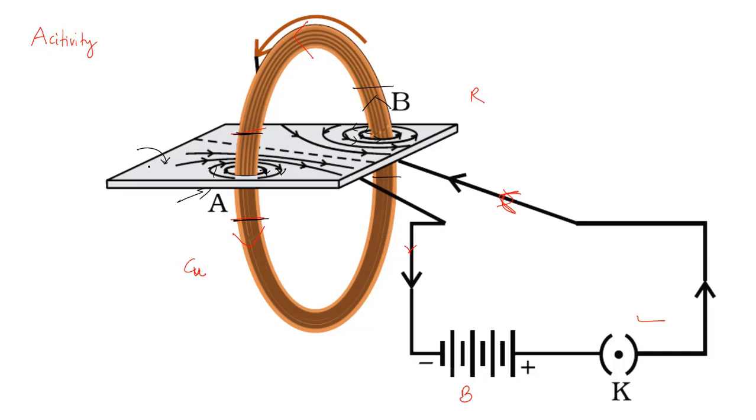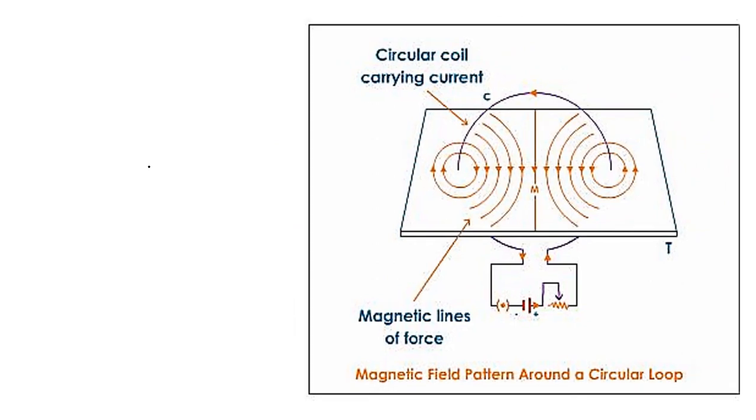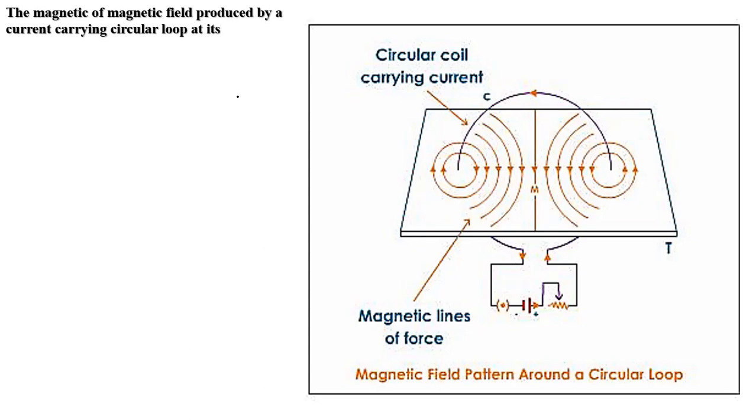Now we are going to discuss the strength of the magnetic field. How does it vary with distance, with current, with number of turns? So here we start. There are some factors on which the magnetic field produced by the loop depends.